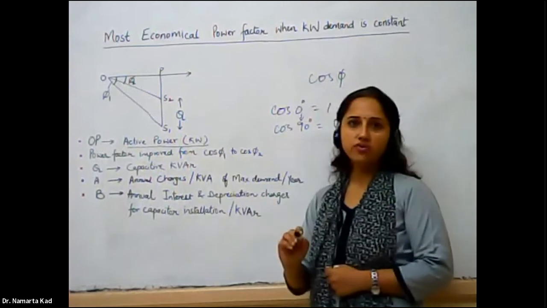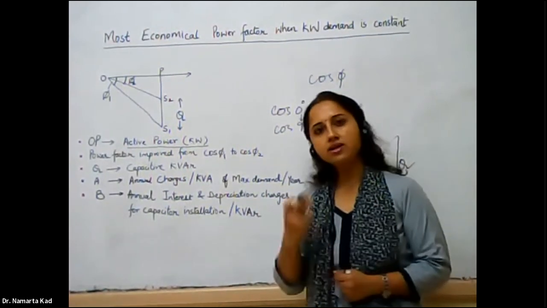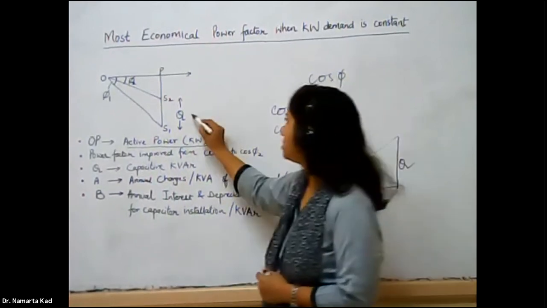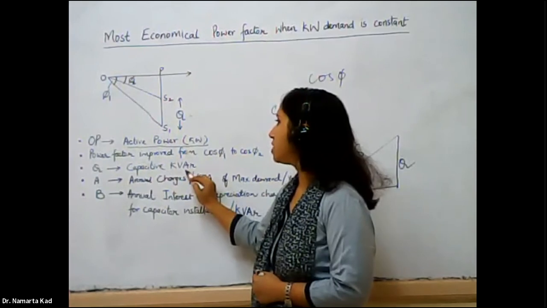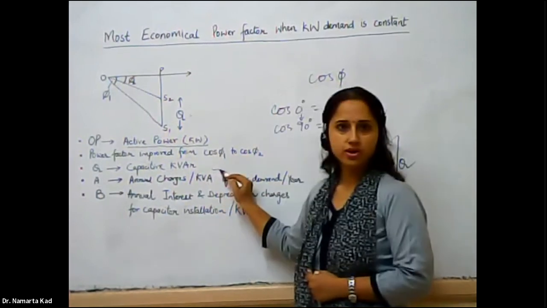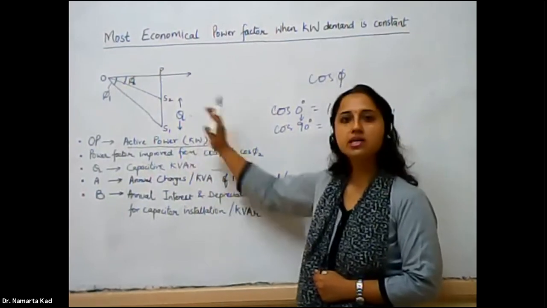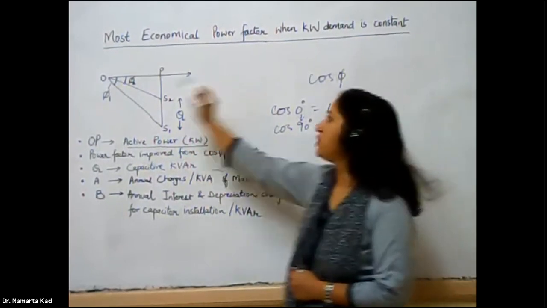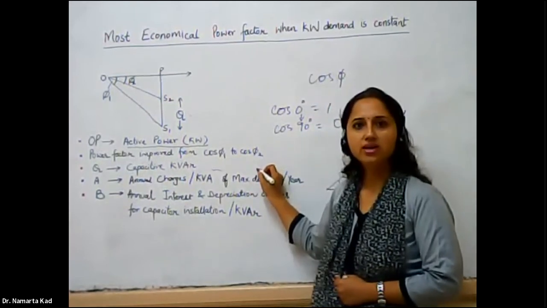The installation of capacitors gives the leading power factor, which is given by this Q. So Q is the capacitive kVAR installed in the system to improve the power factor from cos of phi 1 to cos of phi 2.